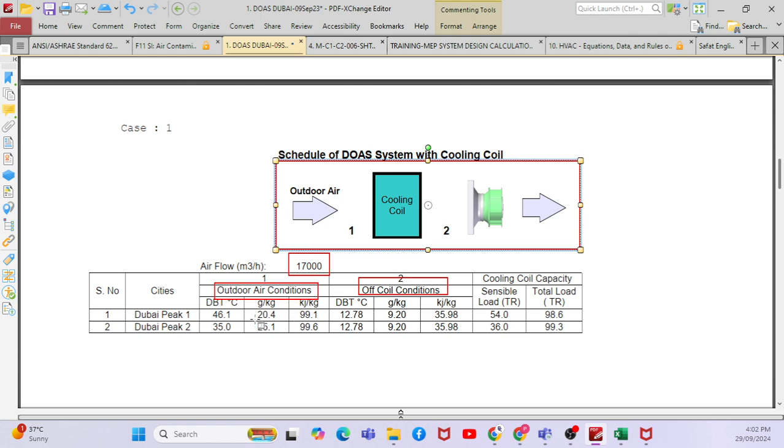If you have the conditions, if you go to the psychrometric chart and plot the values based on this one and this one, you can calculate condition 1 and condition 2. So clear, everyone? Condition 1, 46 and 50. If you enter into the psychrometric chart, let me go to the psychrometric chart here.